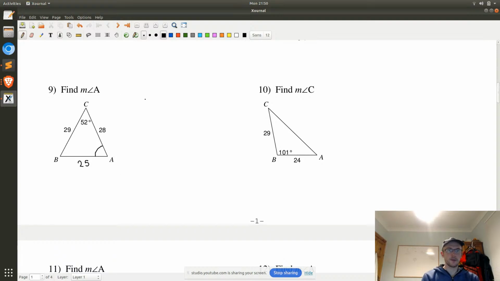And then we find out that the angle A is the arc sine of the size of BC, so 29, times by what angle information do we have? Sine of 52 over, well, that's going to be called ans.